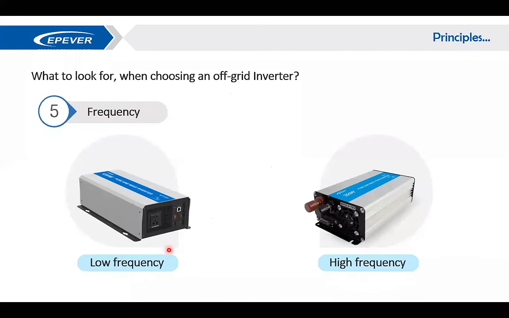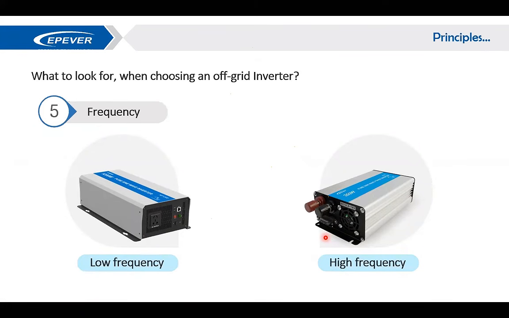They have larger and more robust field effect transistors or FETs that can operate cooler and can surge at high rates. However, high frequency inverters typically surge at lower rates or for shorter periods of time than their low frequency counterparts.